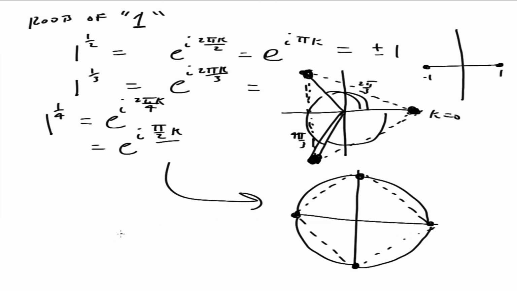So now we see a really nifty way to represent roots of complex numbers. For the nth roots of 1, all of them can be written as e to the i 2 pi k over n.